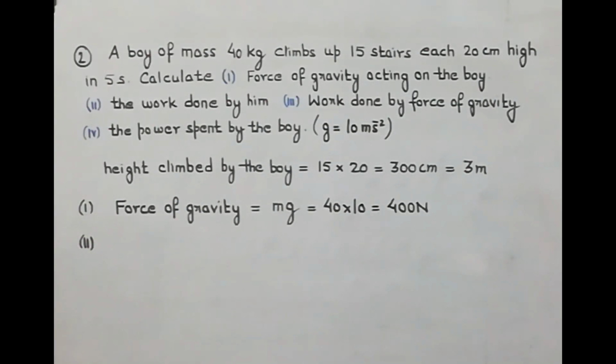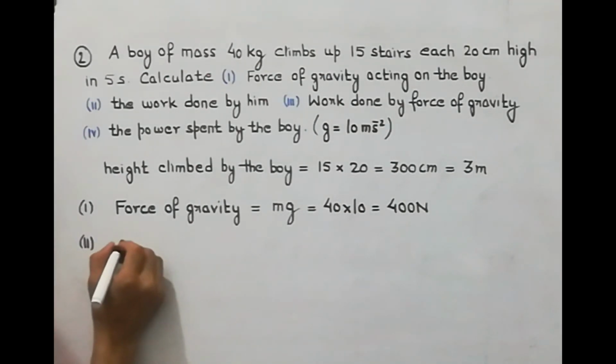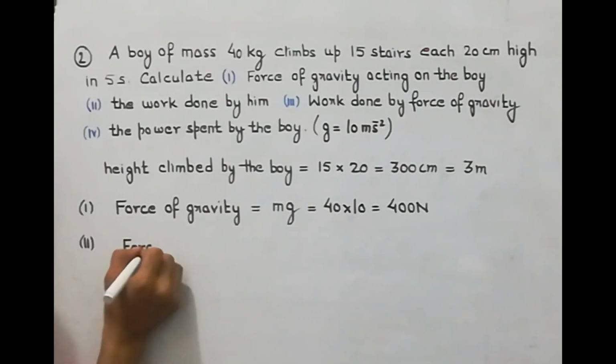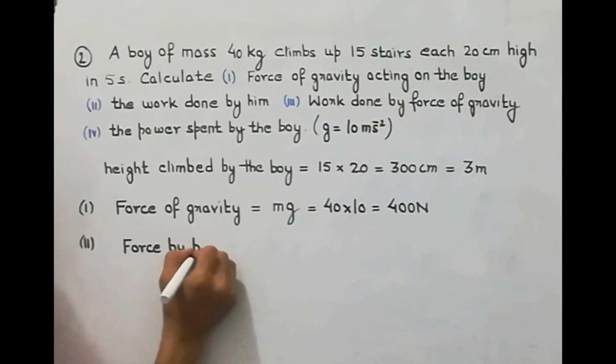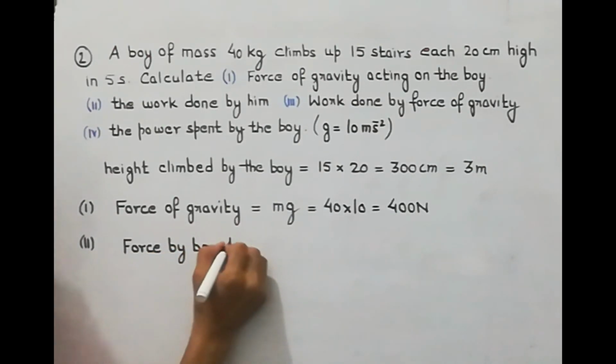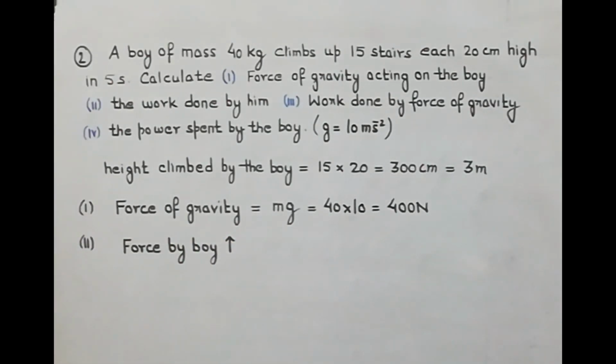Now coming to the second part, work done by him. Now if the boy is moving in the upward direction, in which direction will he be applying the force? See the force by the boy. It is in upward direction, isn't it?